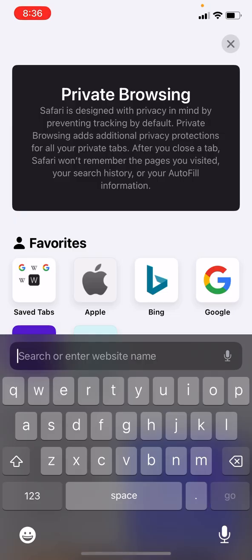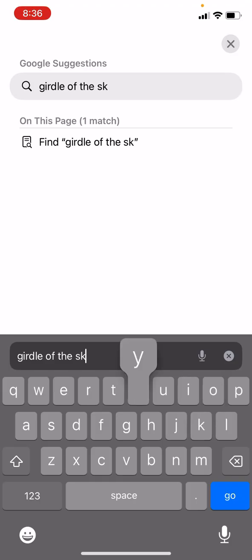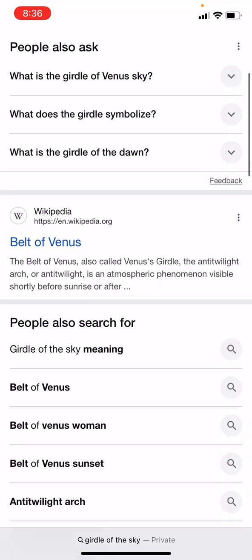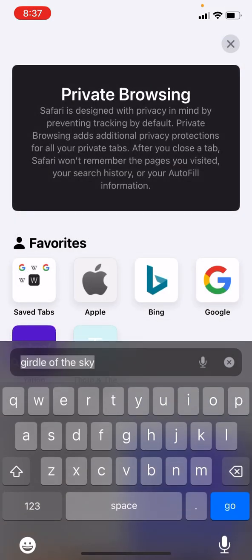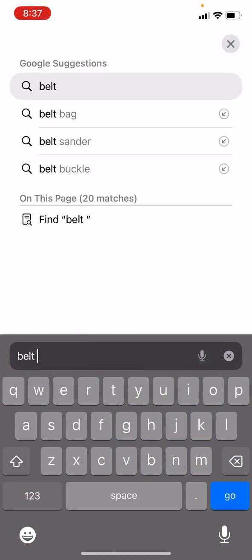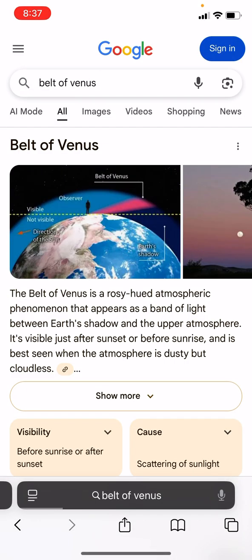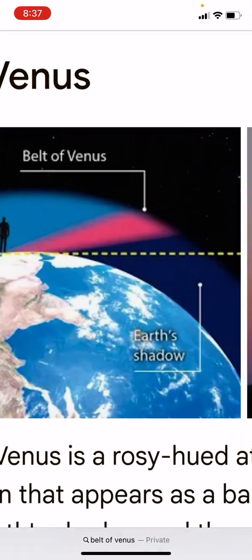Now watch this. If I put girdle of the sky, what will I get? The belt of Venus. You see how all of this shit relates back to Venus? What does the belt of Venus look like? You see the belt of Venus right here?